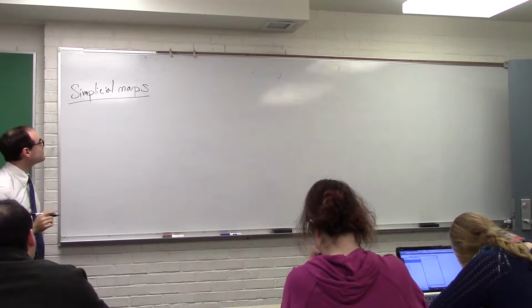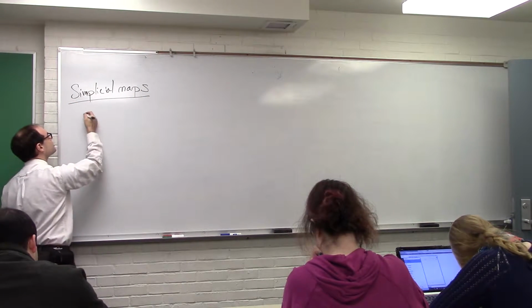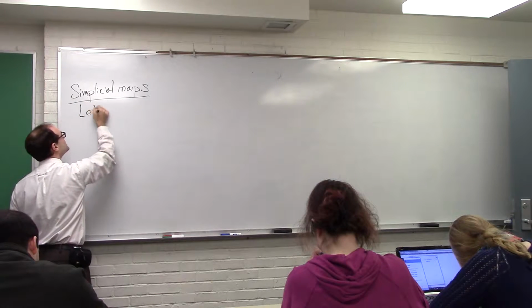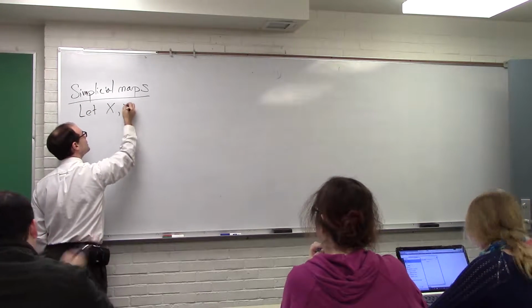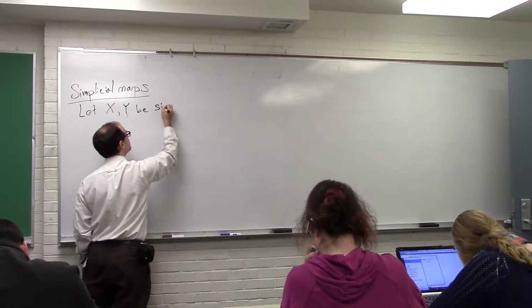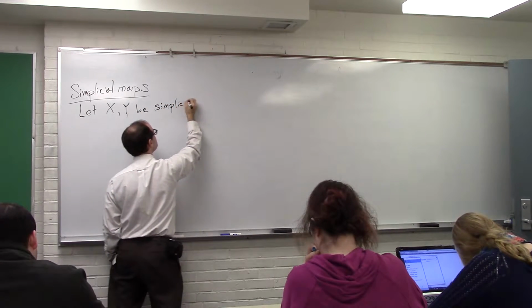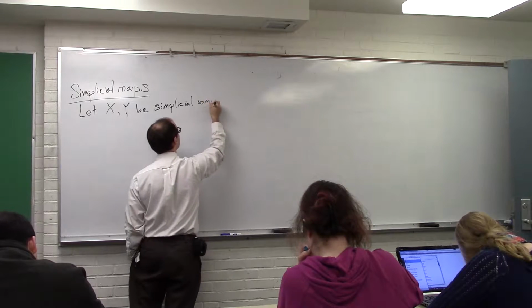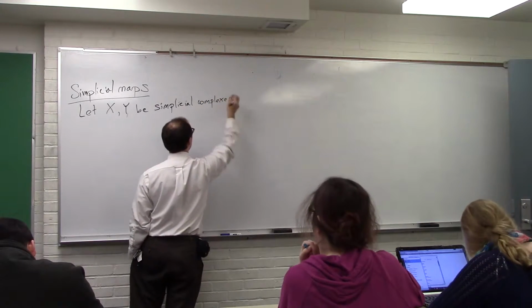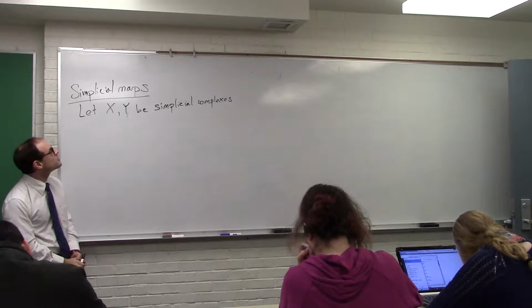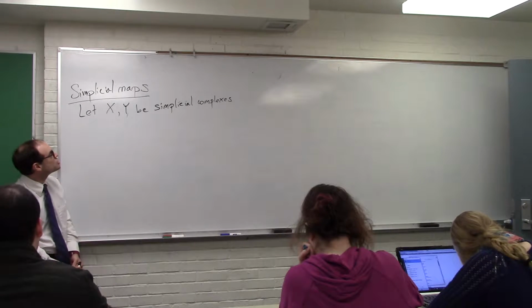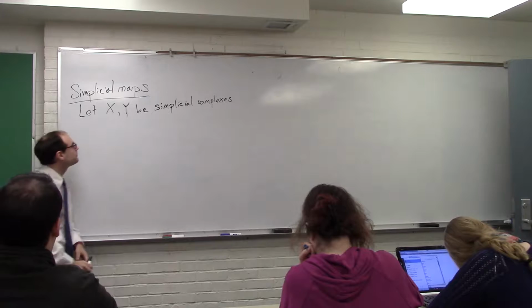The idea is if I have a simplicial complex, so let's let x and y be two different simplicial complexes. So I've got them there. What are they? They're a collection of subsets of potentially two different sets of vertices, but that's totally fine.